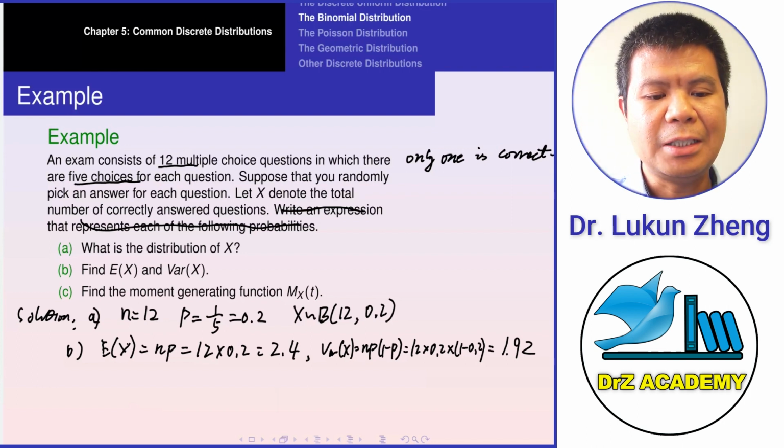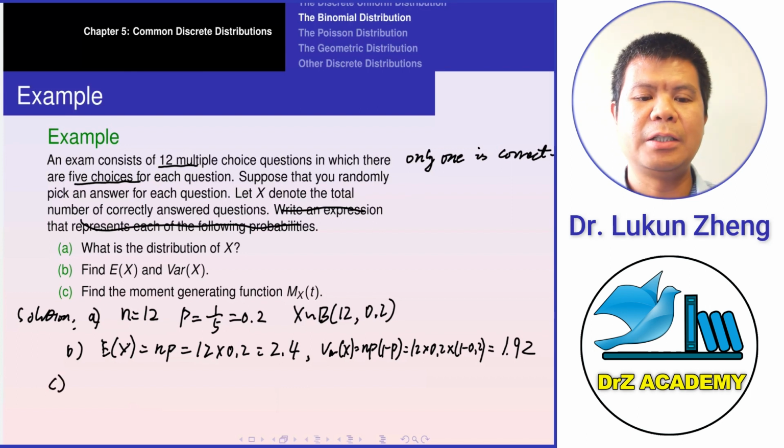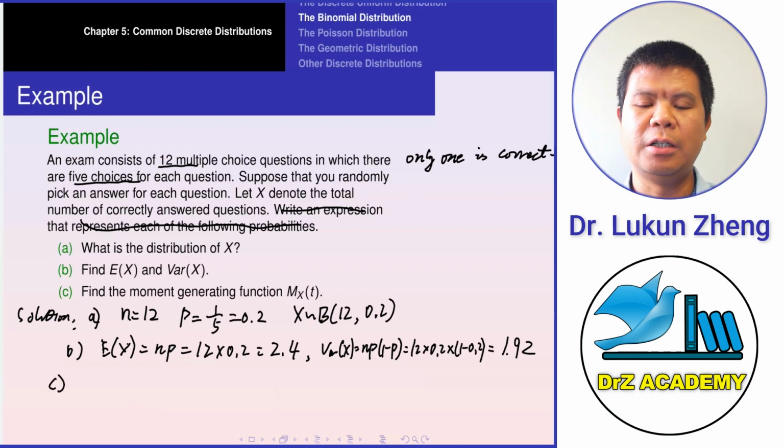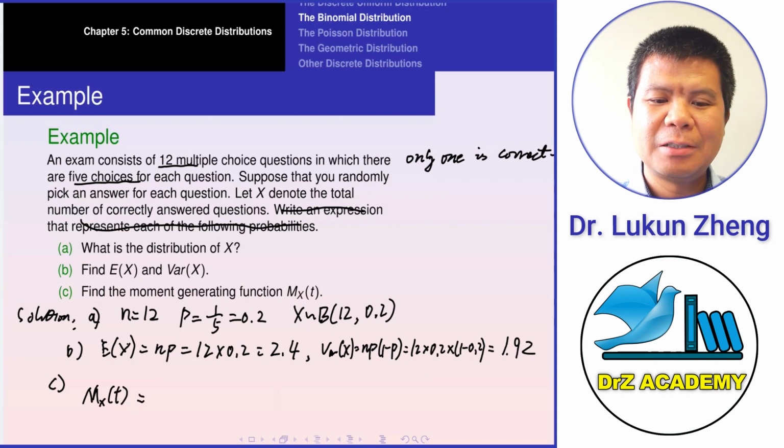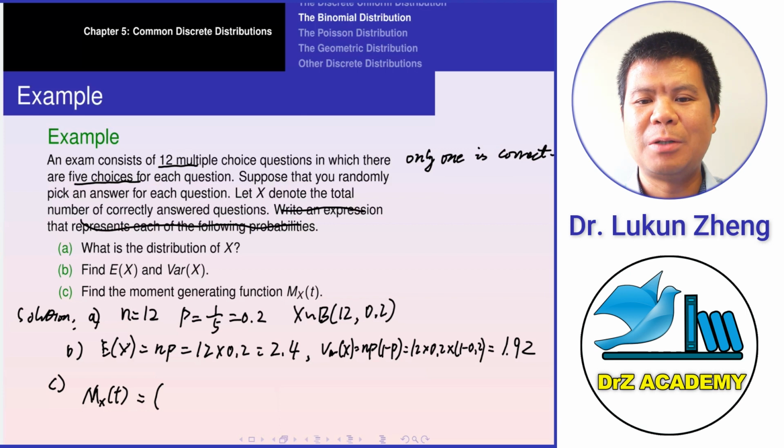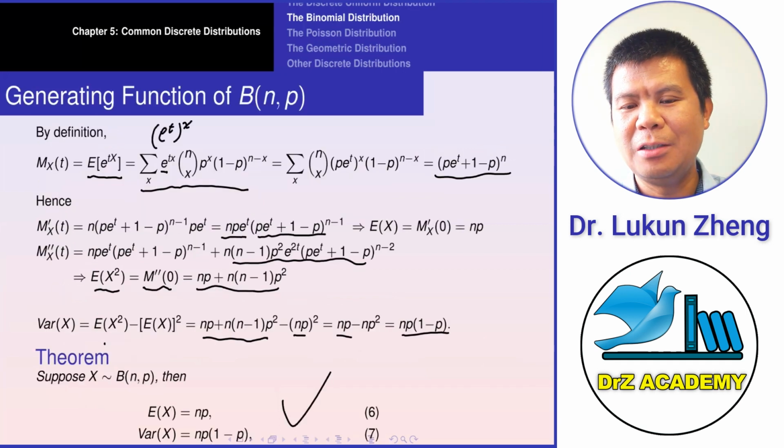And then for C, find the moment generating function M_X(t). As we know, it equals (p e^t + 1 - p)^n.